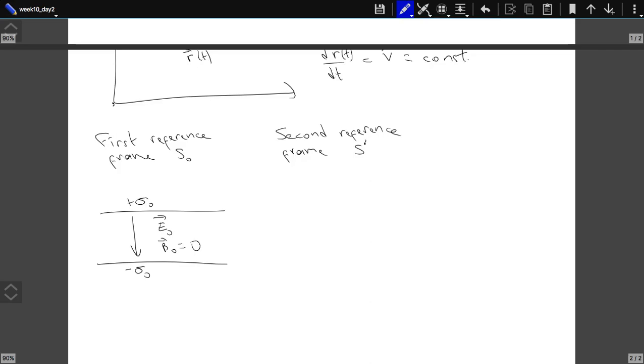In this reference frame S prime, the charges are moving with velocity v, or let me call it u this time, relative to S0. In this reference frame, I have an electric field in that direction, but I also have a magnetic field.